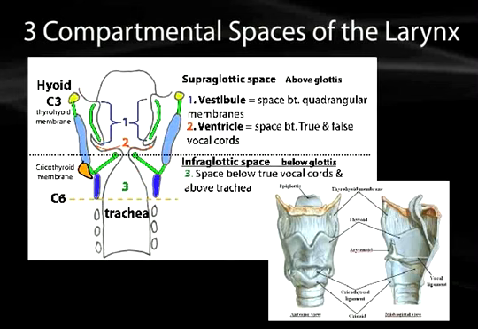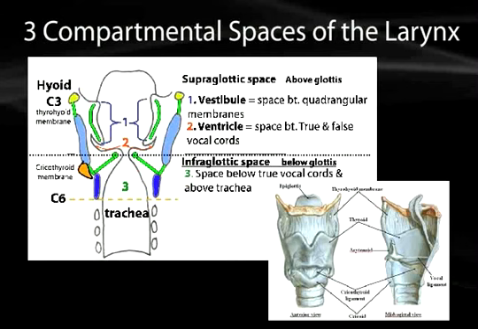It's really just the more internal structures of the cricothyroid membrane. The hyoid is at the level of C3, and the cricoid is ending at the level of C6. So the entire larynx is between those levels. Below that level, there's going to be trachea, and more posteriorly in the pharynx region, it's going to be esophagus.